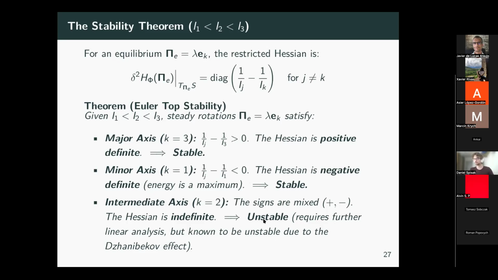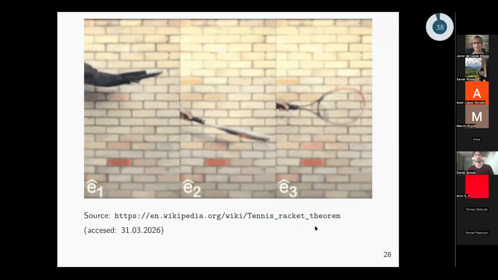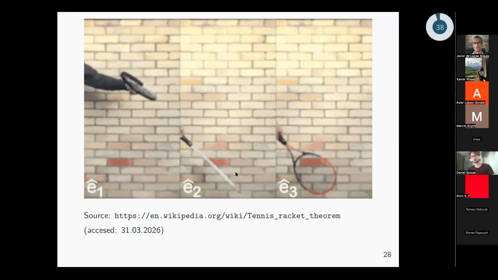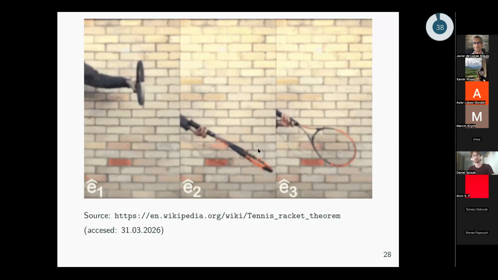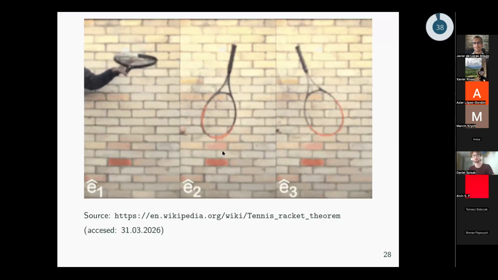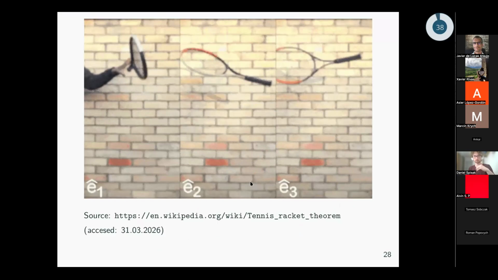To tell whether it is indeed unstable or stable, we need further analysis, because the energy method gives only a sufficient condition. This is exactly why the second axis, the intermediate axis, is not stable.